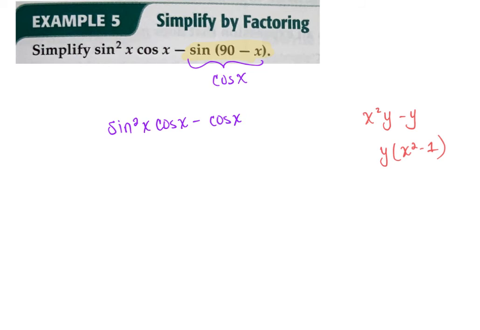And so if I take out a cosine, I would have, not a cosine squared, sorry, just a cosine. I would have a sine squared of x minus 1. So far, so good.